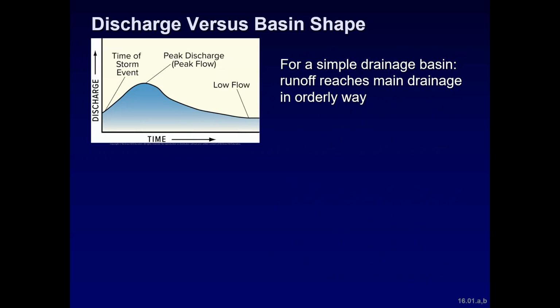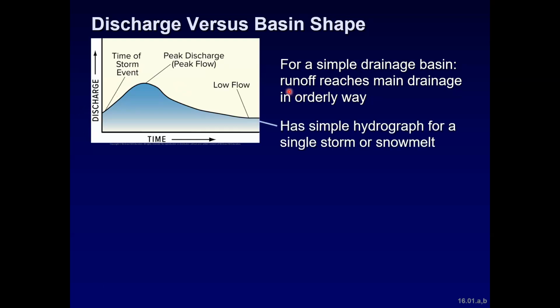Okay, so more on these hydrographs. All right, so we have a simple drainage basin. Not a lot of complexity to how the water flows through that drainage basin. We find that runoff reaches the main drainage areas in an orderly way, and the hydrograph's going to look like that.